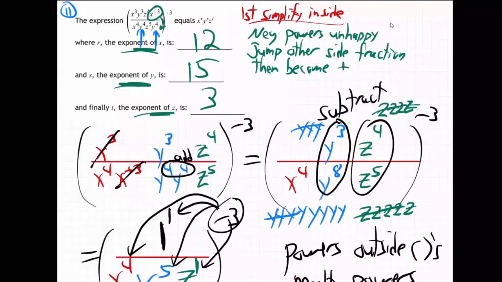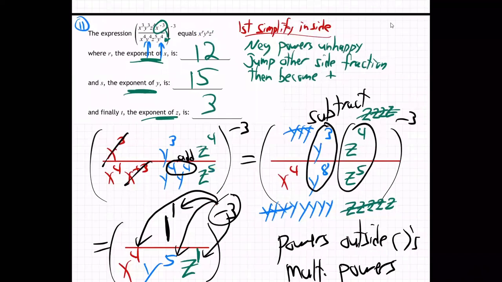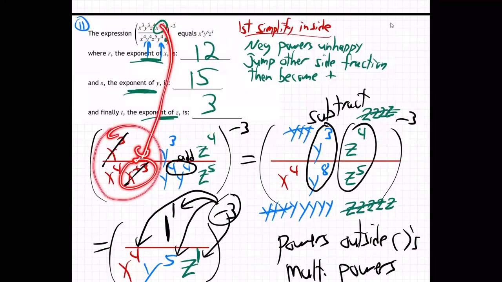So recapping, what did we do? That was a long one. So what we did was first off, I started on the inside, and I just kind of organized everything, and the only item that had a negative power inside, the x, jumped to the bottom. Down here, he came right over here. This is where he showed up. Right there. And then I just organized all the x's together, the y's together, and the z's together.